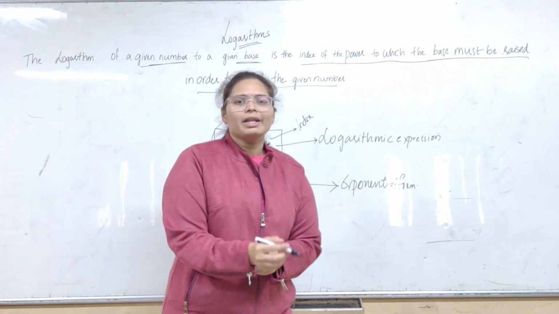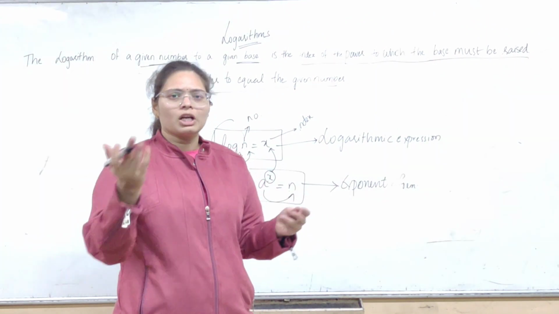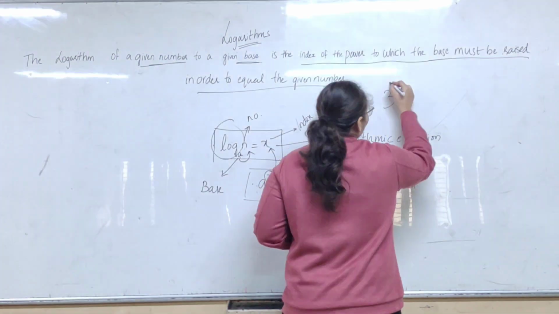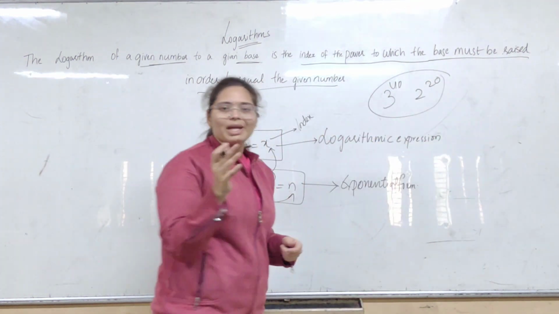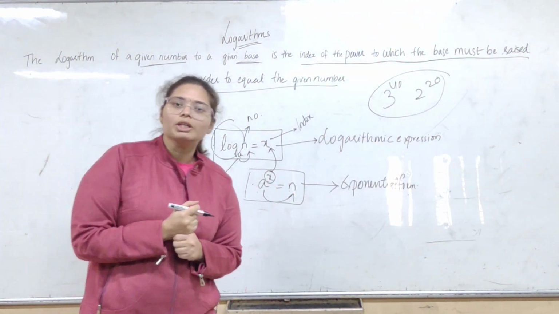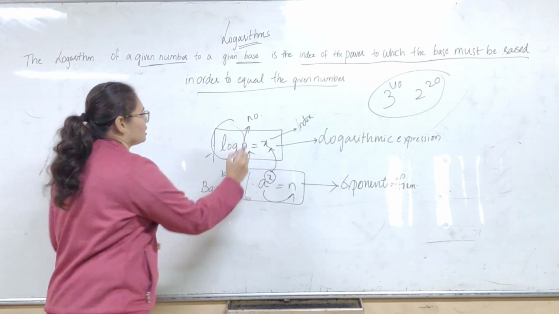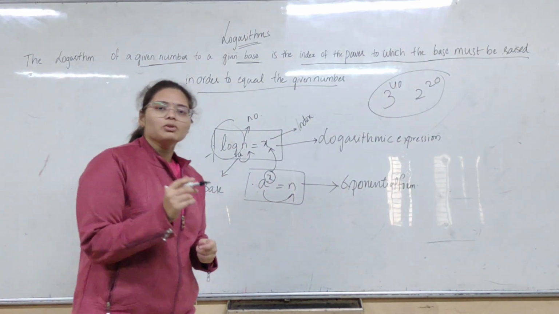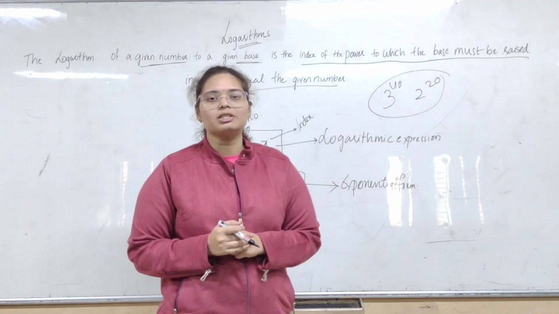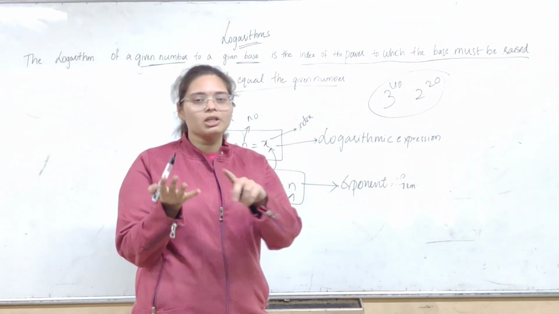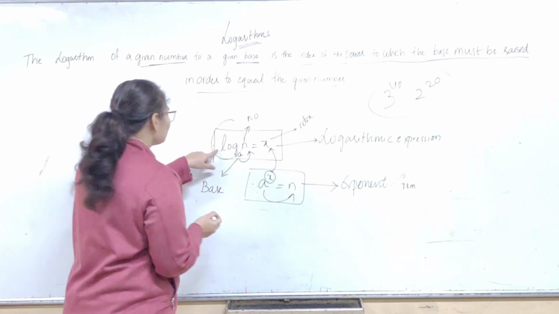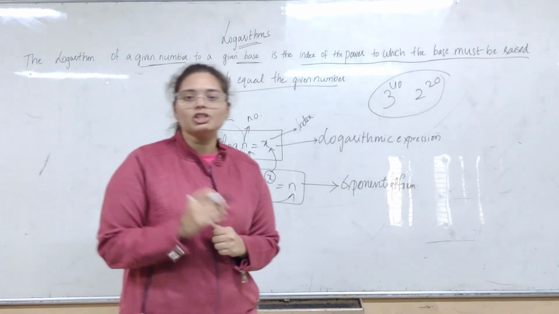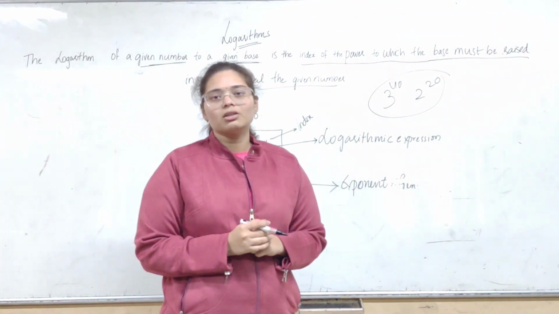Also, if we have very large numbers like 3 power 40 or 2 power 20 in equations, how should we solve that? Then also we will be using logarithms. And we will also use logarithms in different fields, such as trigonometry and algebra, which we will be studying in the further chapters.